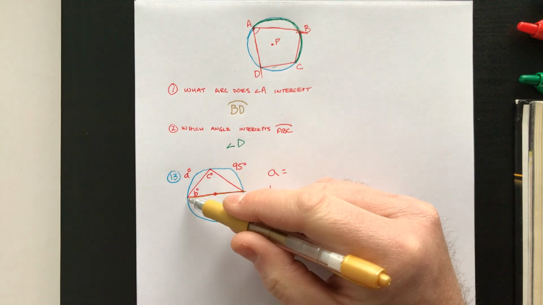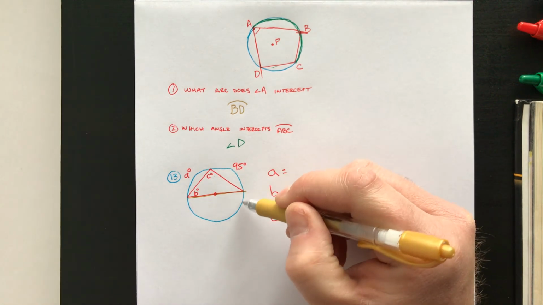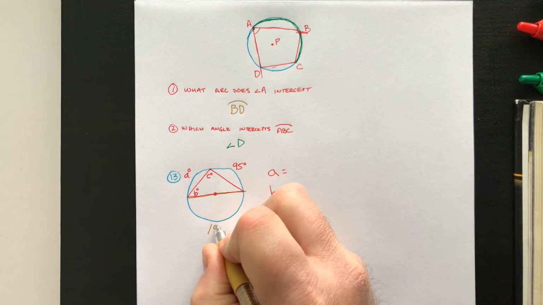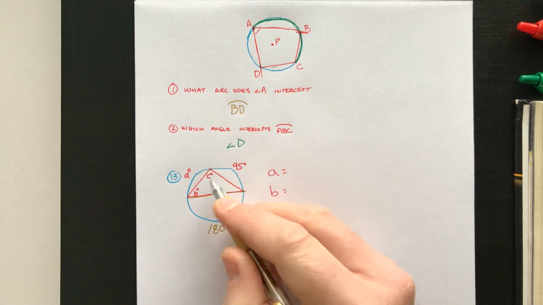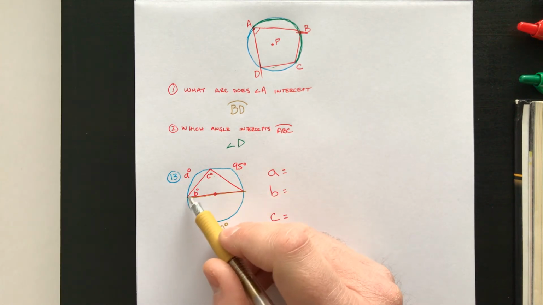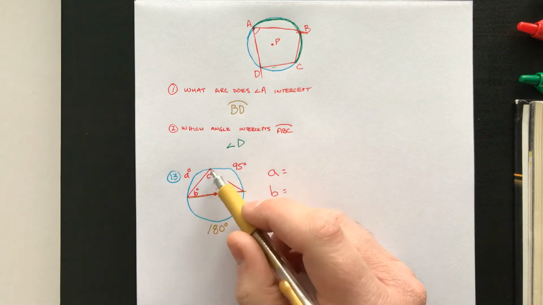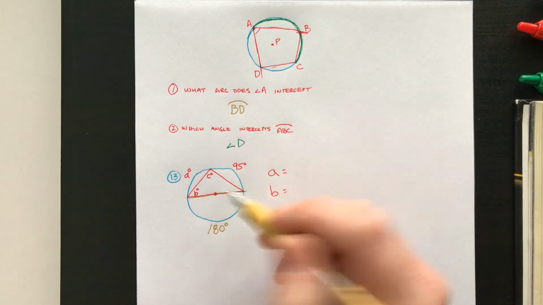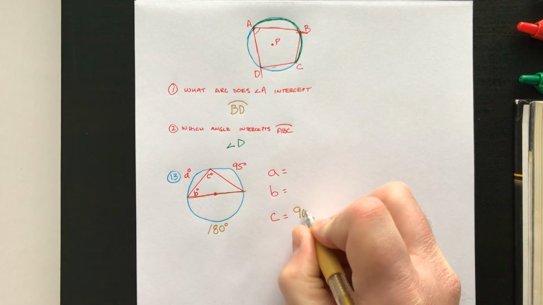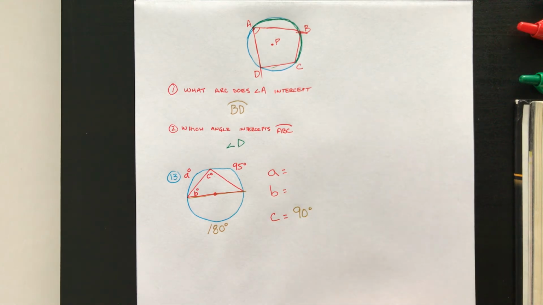So the measure of this arc has to be 180 degrees. And if angle C is an inscribed angle and it's cutting off 180 degrees, then angle C must be half of that, which is 90 degrees.